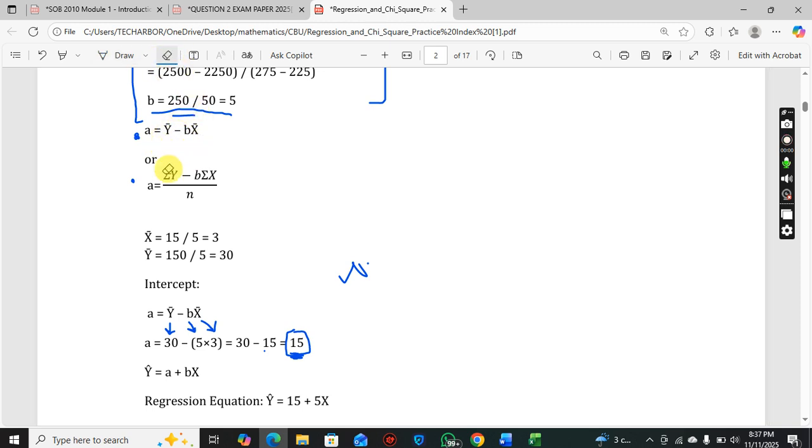If you use the other formula, you just total up y minus b times the total of x, divided by n, which is 5. You will still end up with 15.